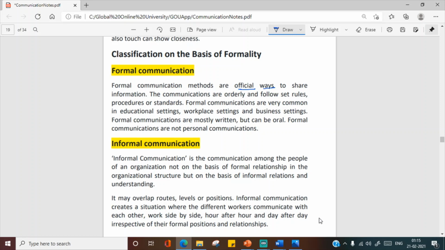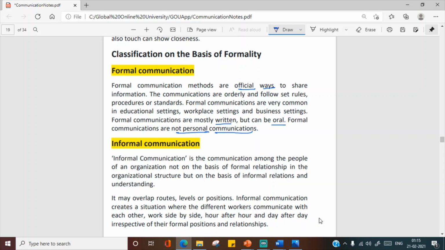For instance, you are working in an organization or for your workplace or business settings. So, formal communication is mostly written but can be oral as well. Here no personal communication is made in formal communication.